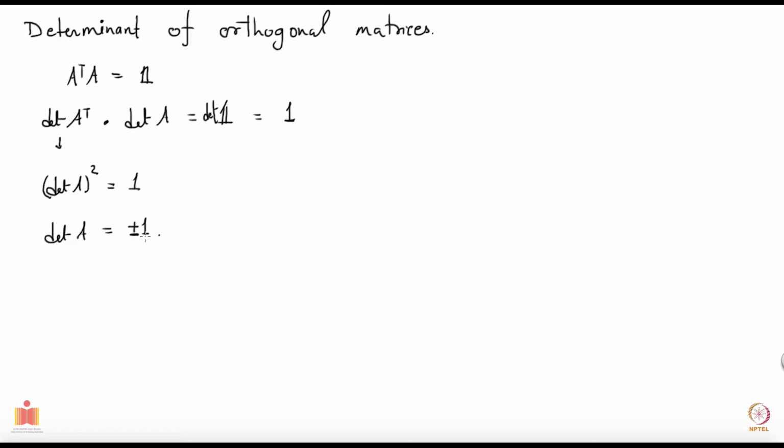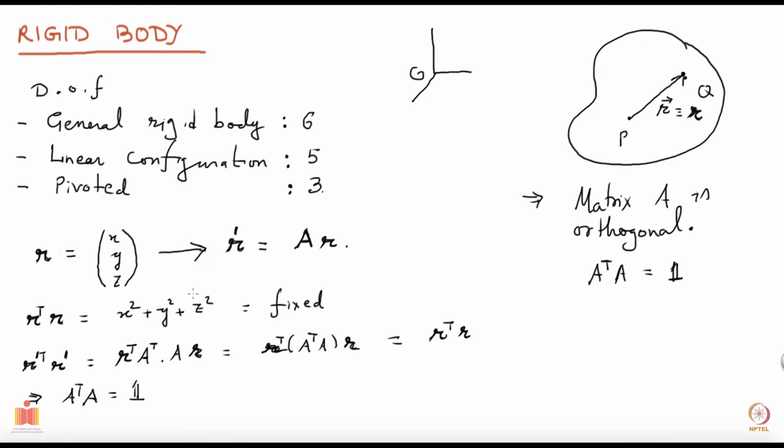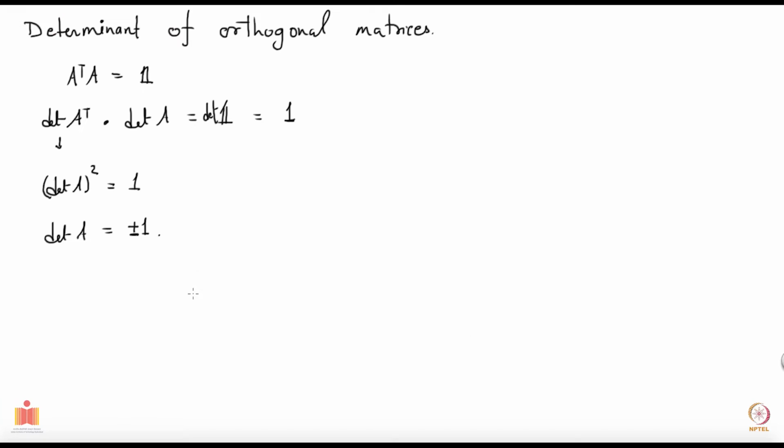You see, at this moment I have found out that if you are taking any orthogonal matrix, its determinant could be either plus 1 or minus 1. Okay, but it is not necessarily true that whatever possibilities appear here apply to our case, because we are looking at a very specific thing, a body which is moving in time.